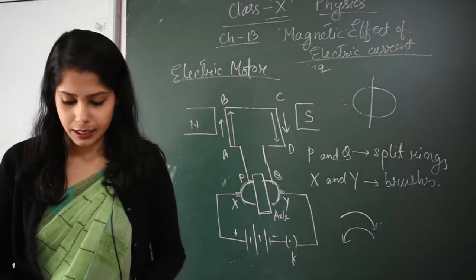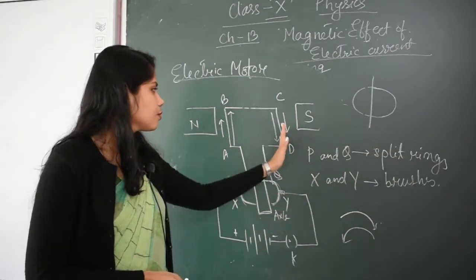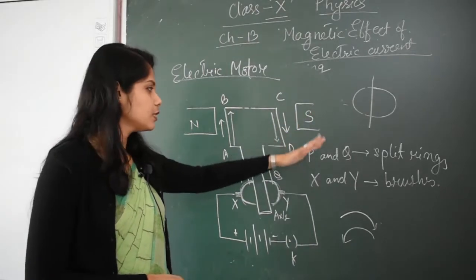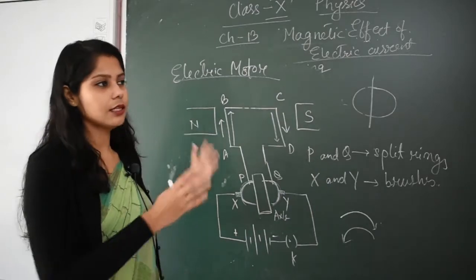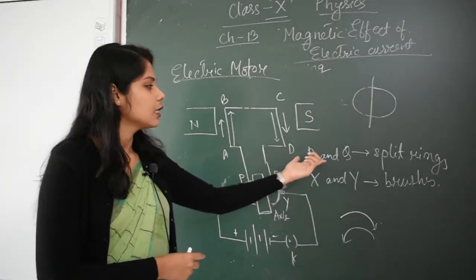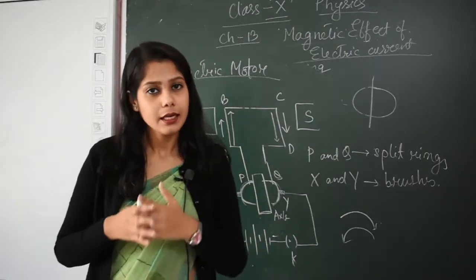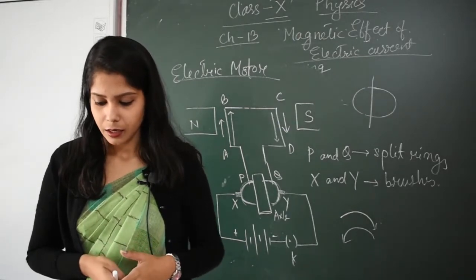The device that reverses the direction of current, since first it is anti-clockwise and then clockwise, is called a commutator. Here the split rings P and Q help in reversing the current periodically, and they act as the commutator.